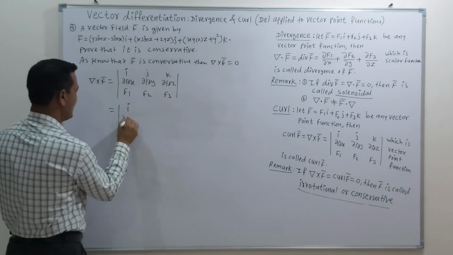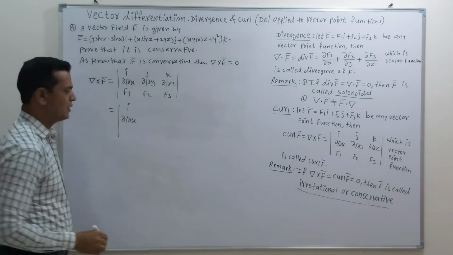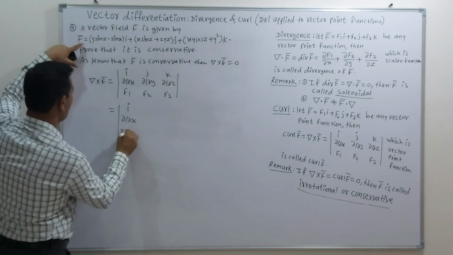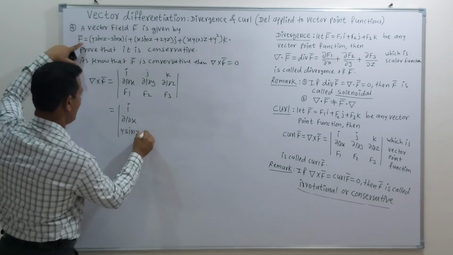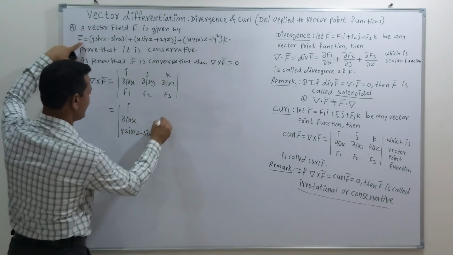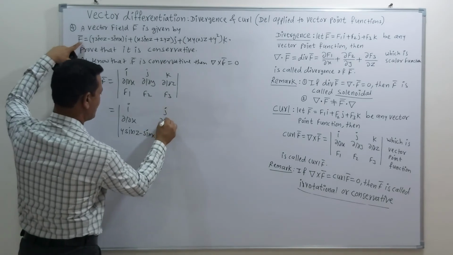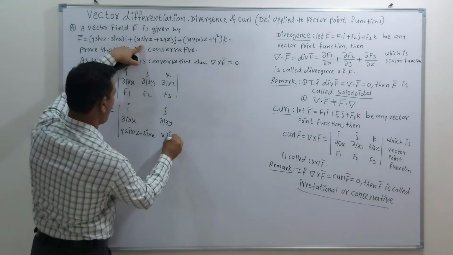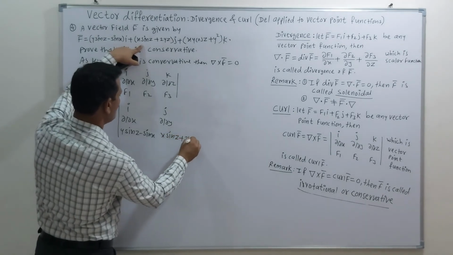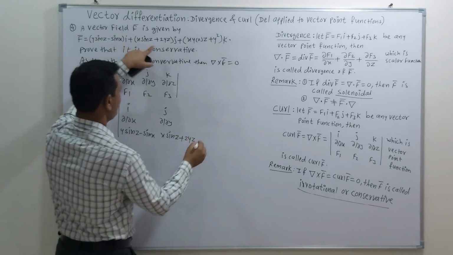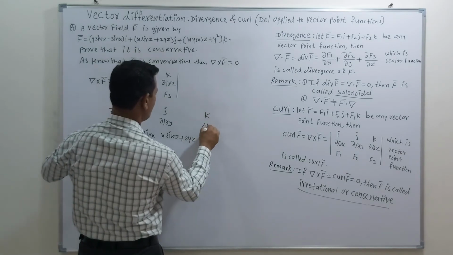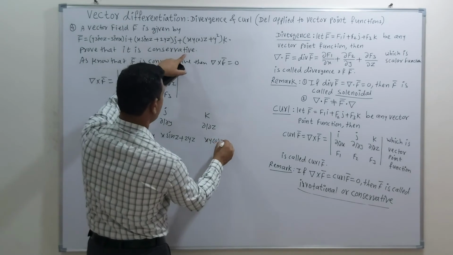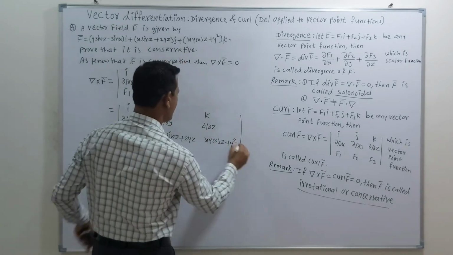The value of f1 is y into sin z minus sin x, then j partial derivative with respect to y of x sin z plus 2yz, and k partial derivative with respect to z of xy cos z plus y square.